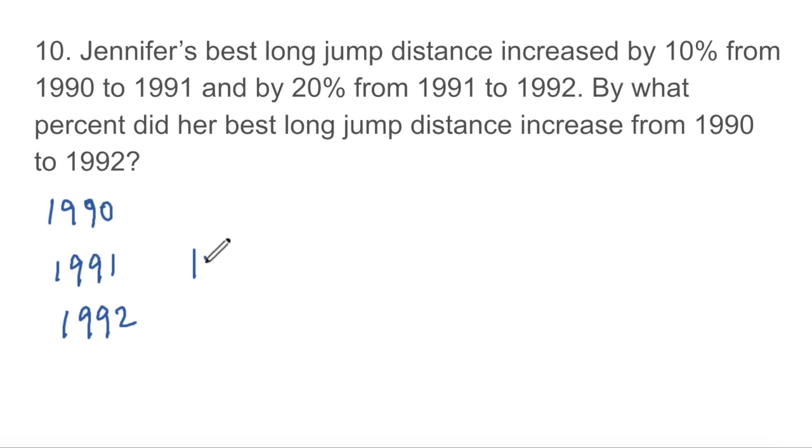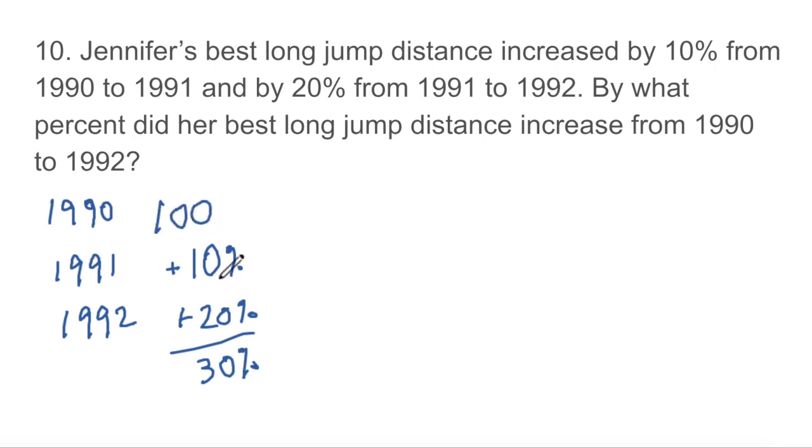Let's see, she increased by 10% here and by 20% here. So you might be inclined to just say, well, gee, let's just add these together and say the answer is 30%. But we can't do that, and here's why. This 20% increase is not over the base year of 1990. It's over the previous year, 1991.